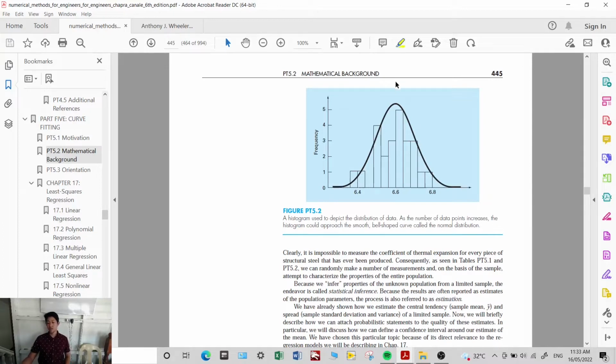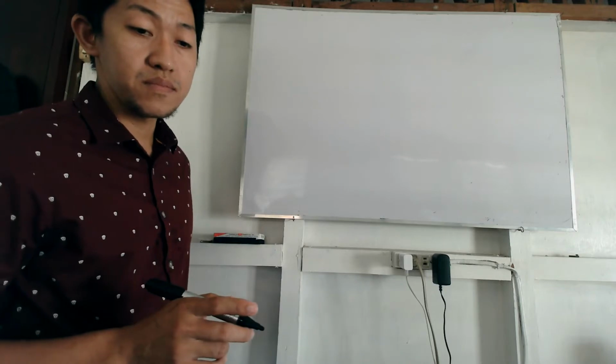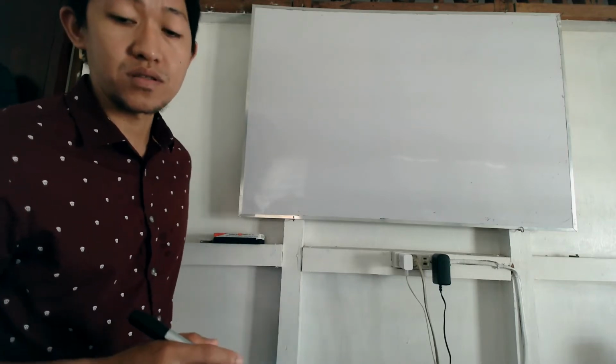The data in the center is the mean, and from the mean, you can get how much is the spread of your data from the arithmetic mean. Next, we will demonstrate the method of least squares regression.